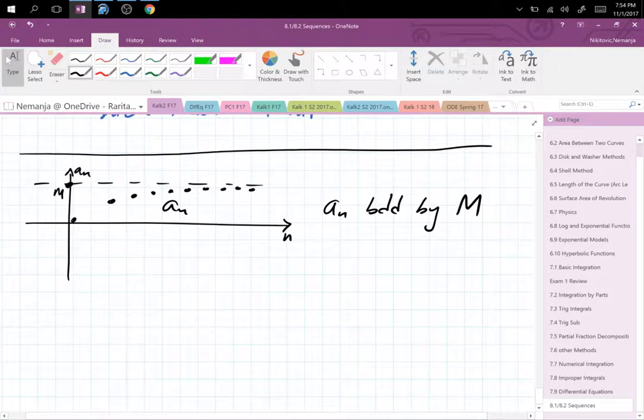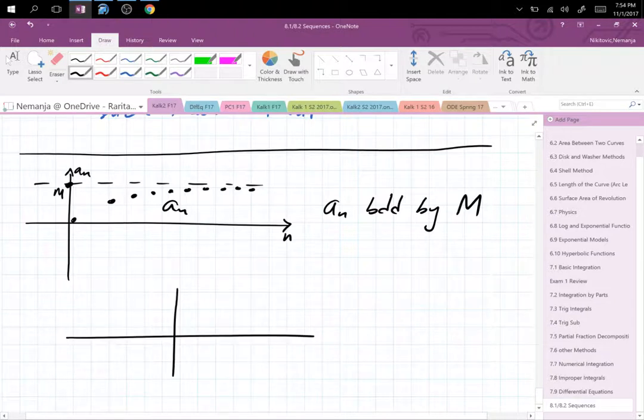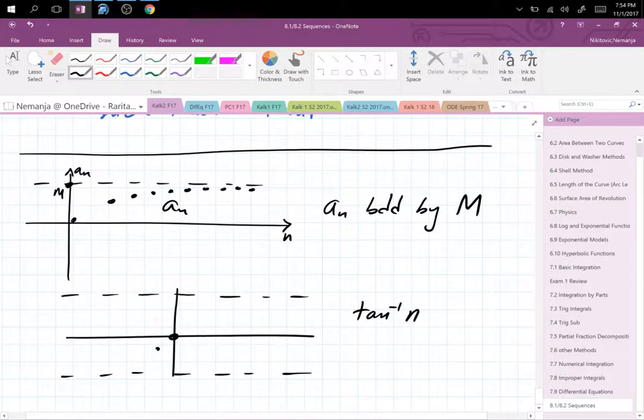And then you can have a situation like our dear friend inverse tangent. You have inverse tangent of n. Well, that one is bounded from above and below. You are going to have these dots like this. You are not going to have a straight line.